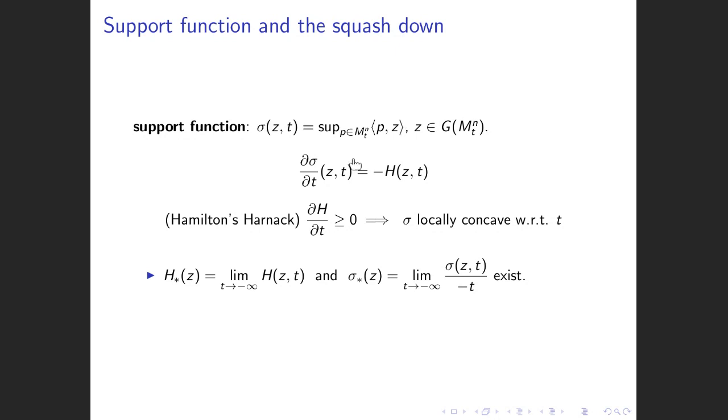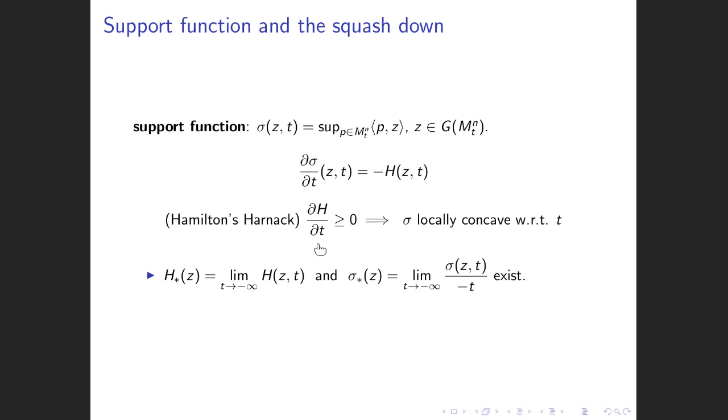Also equal to position dotted with the normal. Under mean curvature flow, the support function changes by the mean curvature. So I have d sigma dt equals minus the mean curvature. Remember now z is a normal.